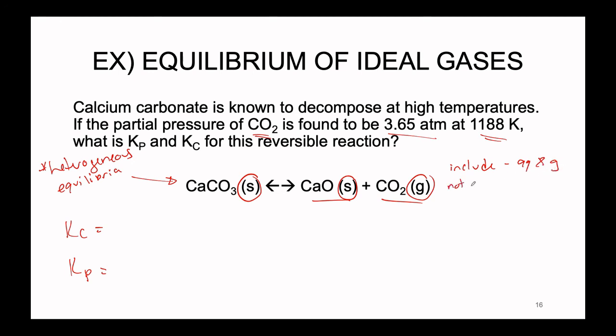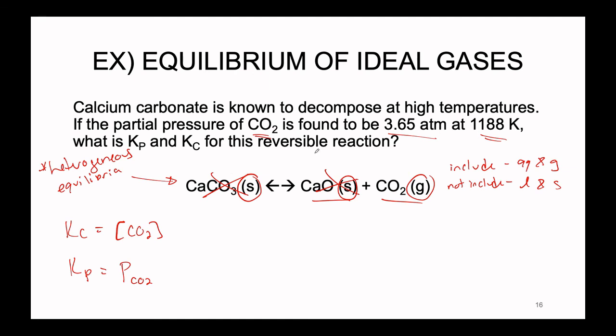We do not include liquids and solids. So even though in the wording of this problem we don't have any information for calcium carbonate or calcium oxide, we actually don't need it. These species, since they're solids, we don't include them in our equilibrium expression. Our Kc will end up being equal to the concentration of carbon dioxide. There's no coefficient in front of it, so this is it. Our Kc is equal to concentration of CO2. Similarly, our Kp is equal to the partial pressure of CO2. The other species don't apply.